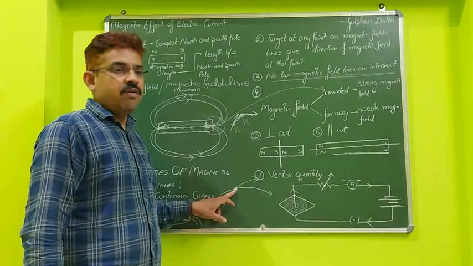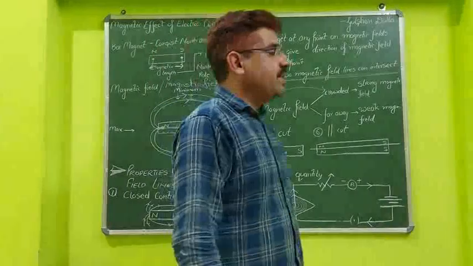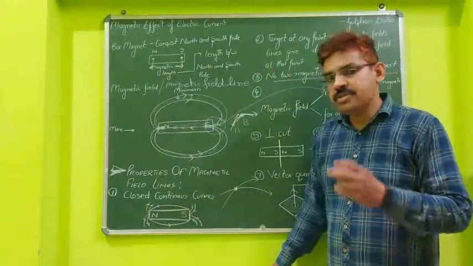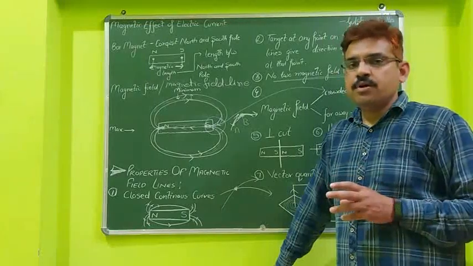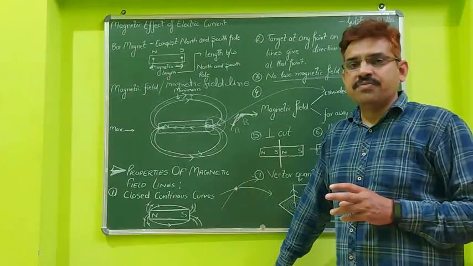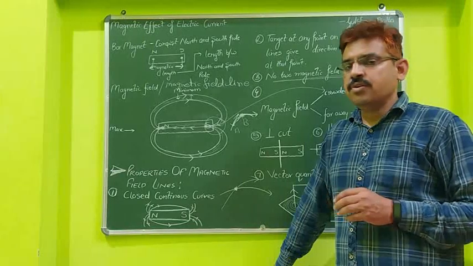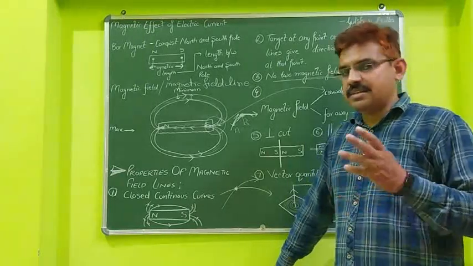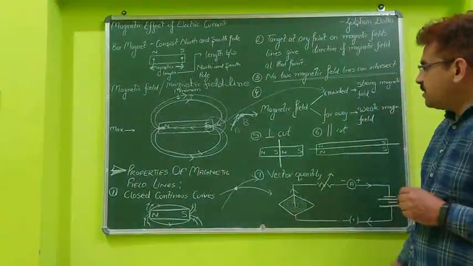That is why we can say that two magnetic field lines never intersect each other. Because if they intersect, at the point of intersection there would be two values of magnetic field strength, which is not possible.